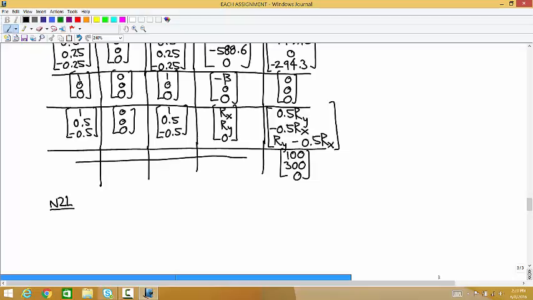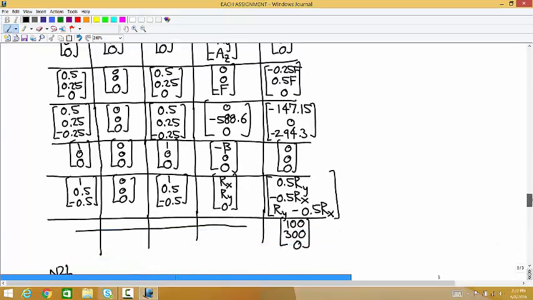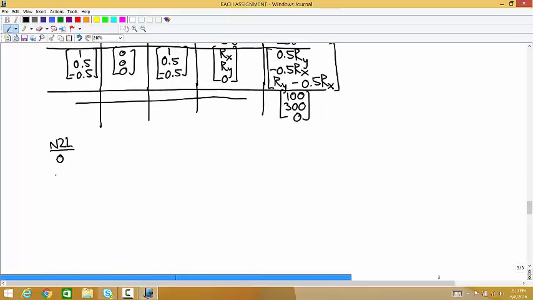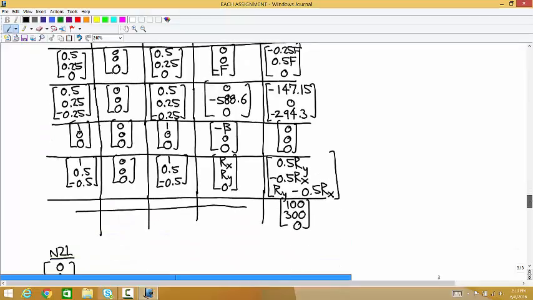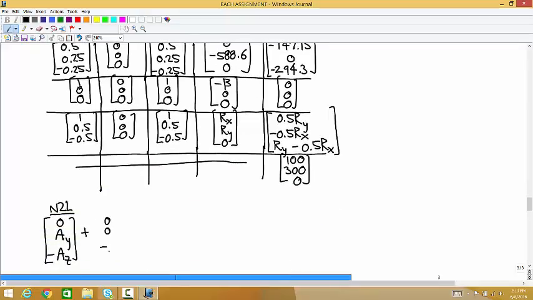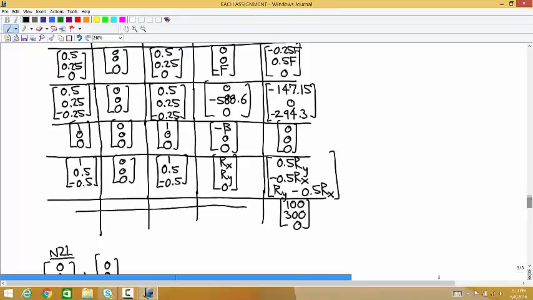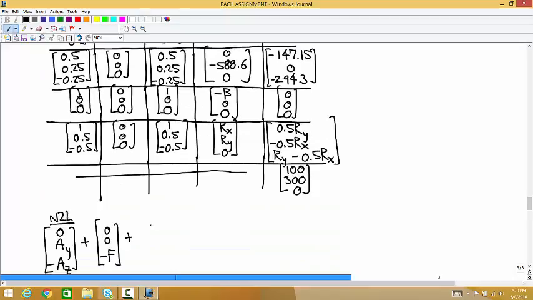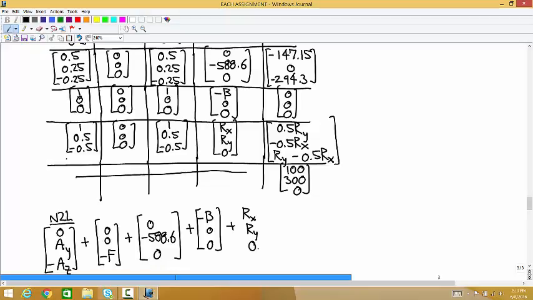Newton's second law says 0, Ay, negative Az, plus 0, 0, negative F, plus 0, negative 588.6, 0, plus negative B, 0, 0, plus Rx, Ry, 0 is equal to 0, 0, 0.